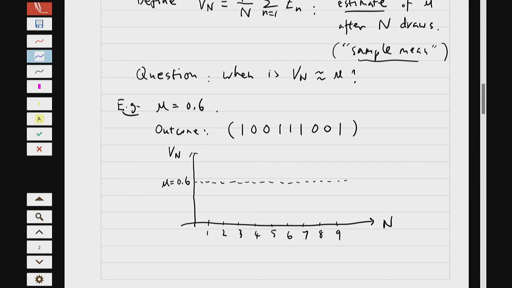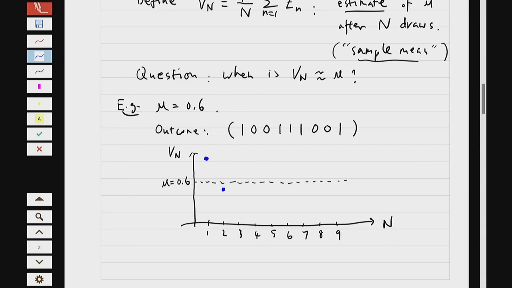What is Vn or V1? The average, there is just 1. So it's pretty high up, pretty far away from the true mean, but that's okay. We won't have one ball sample, of course. You don't expect to be very good. How about the second draw? We get 1 red ball out of 2 draws, so half, so 0.5, around here.